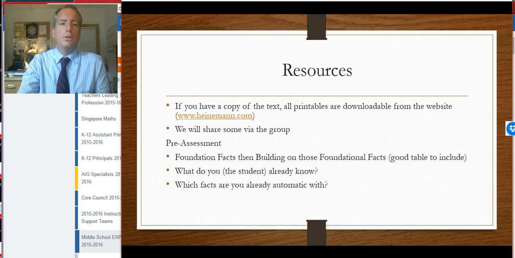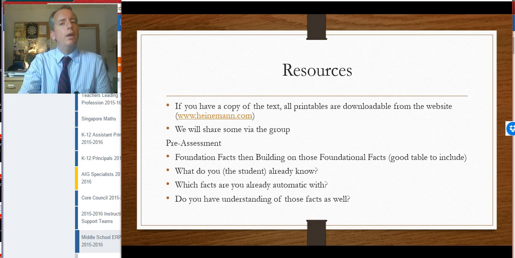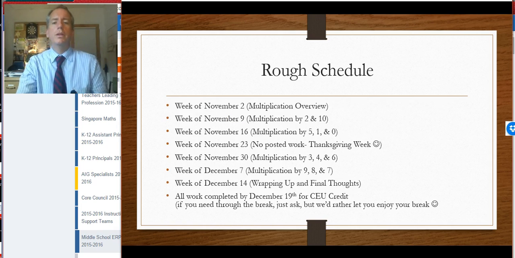Deciding which facts kids are automatic with already, and then also determining, do they have understanding of those facts as well. So I may appear to be automatic, I may have just memorized some things, I may really not know what 2 × 8 looks like. And if I don't know what it looks like later in math, that's going to show up as a deficit, although right now it may look like a strength.